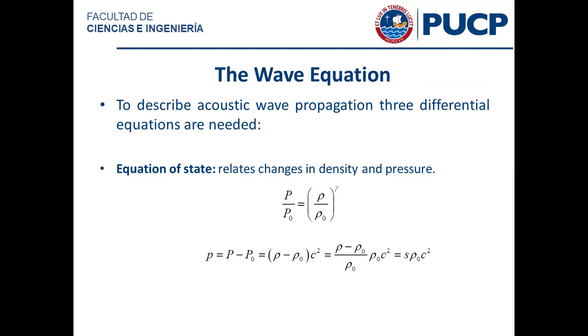But the bottom line is that you can express p minus p naught as equal to rho minus rho naught times some constant. And that constant is going to be equal to the derivative of p with respect to rho evaluated at rho naught. Anticipating the answer to this equation, that constant we are going to call c squared.